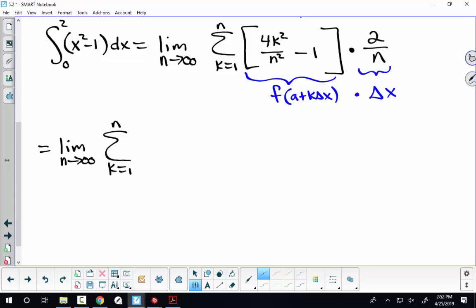And then we're going to multiply the 2 over n times the 4k squared over n squared to give us 8k squared over n cubed. Distribute the 2 over n to the negative 1 to get minus 2 over n.